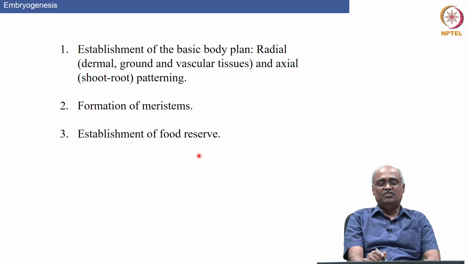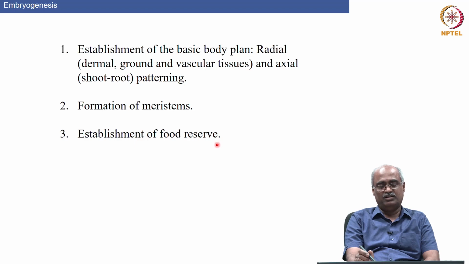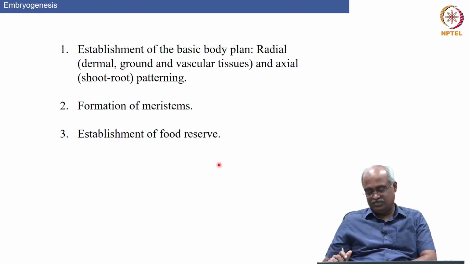So, their embryos have to be broadcast over a big area, which means the product of fertilization, here I want to start using the word seed, has to disperse. That means wherever it is going to land, to start off its life, it needs to have stored food reserves, and therefore building the food reserve is an important goal of embryogenesis, unlike what we saw in other situations. That is the third important purpose achieved during embryonic development. So, let us go into each one of them in some detail.